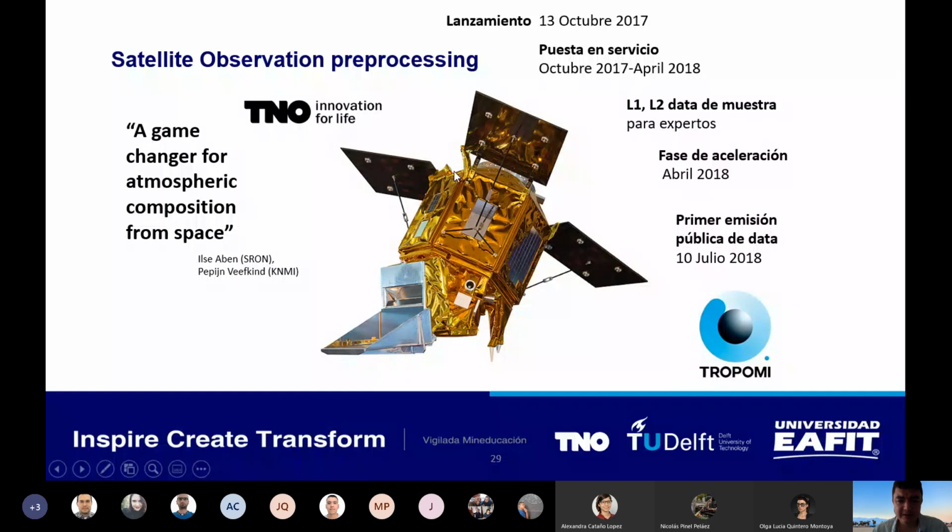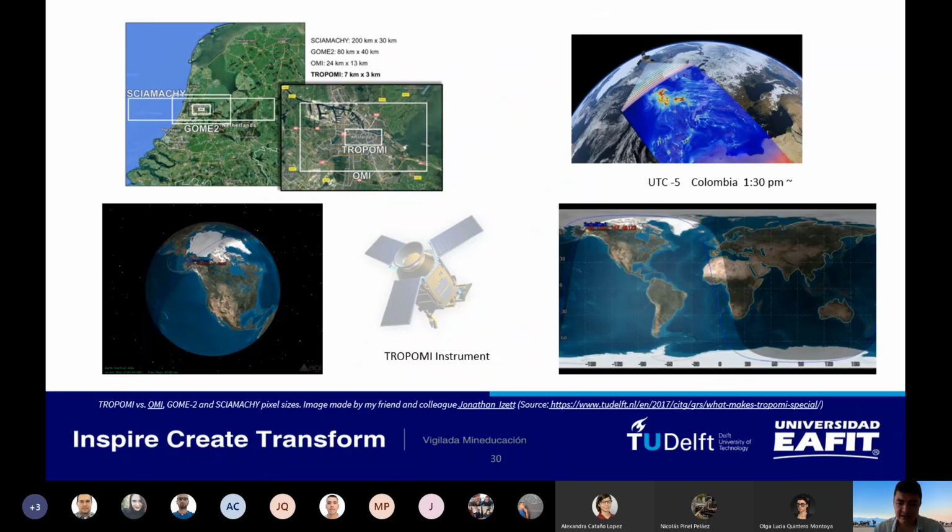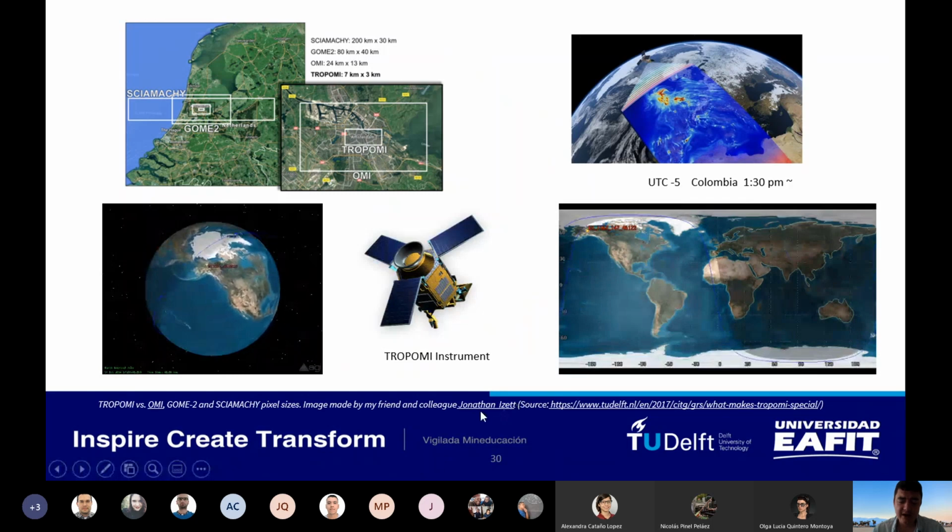This is the product of the Netherlands nowadays, the instrument that can sense NO2 at high resolution, and it's a satellite that has a sun-synchronous orbit.